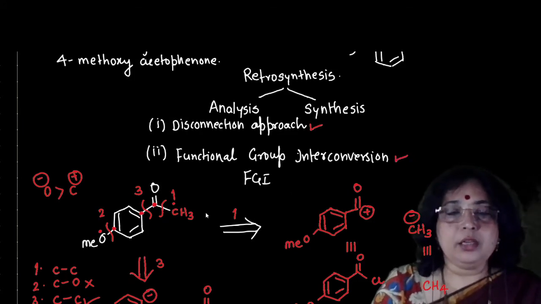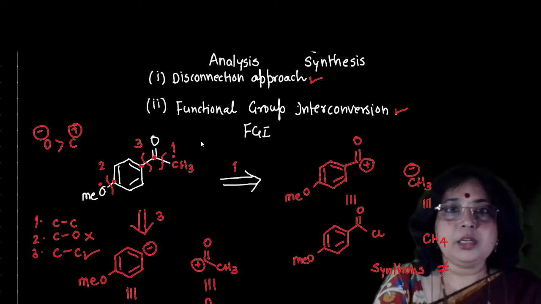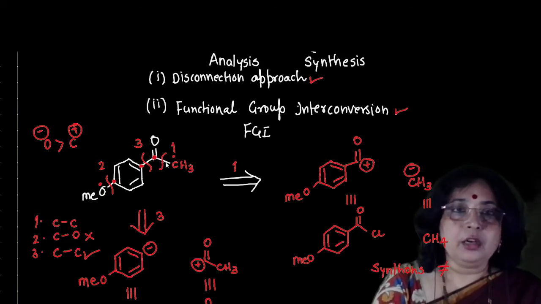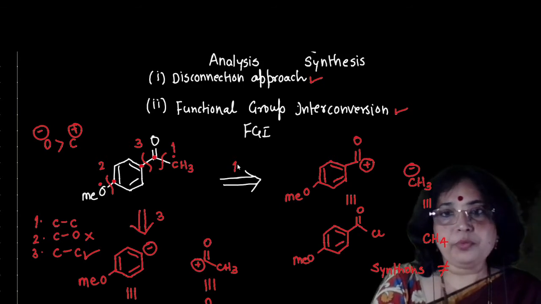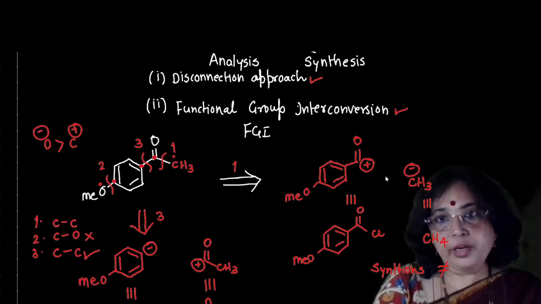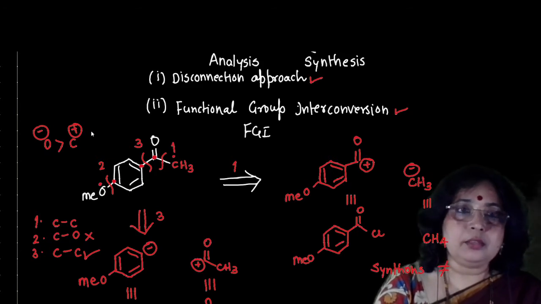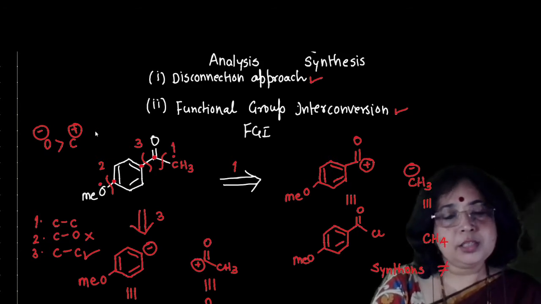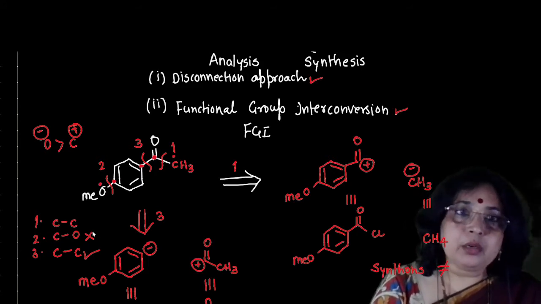Here, the first approach is a disconnection approach where I have tried three different pathways. In the first pathway, I have obtained not very good synthons. In the second pathway, again, totally unreliable synthons are obtained. So I have discarded the second approach.